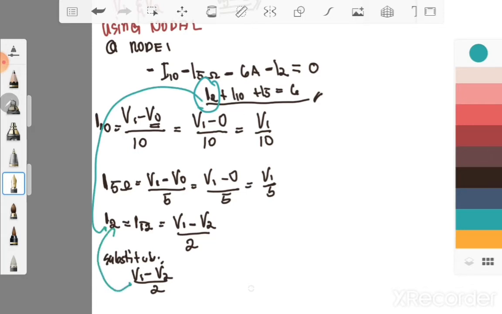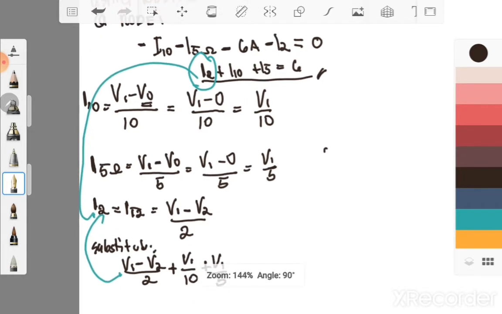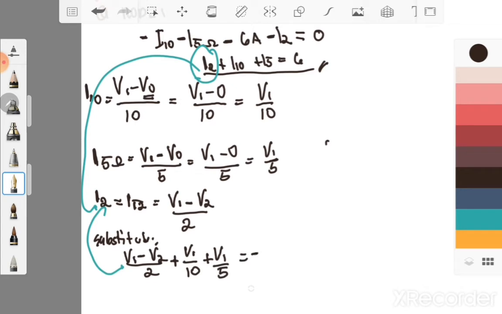Plus your I10, which is equal to V1 over 10, plus your I5, which is equal to V1 over 5, is equal to your negative 6 ampere. Yan. So, negative 6 ampere to, di ba? Kasi pag nag-transpose ka, may iiwan yung negative mo. Okay? So, negative 6 ampere.